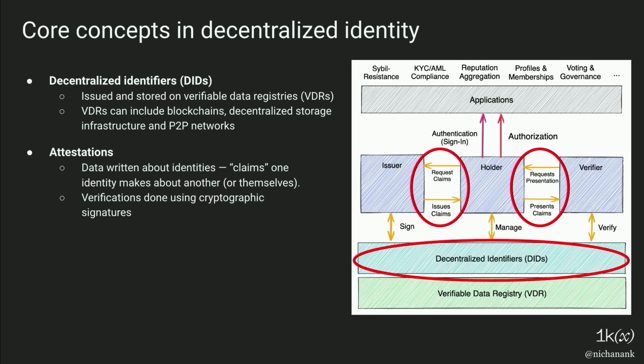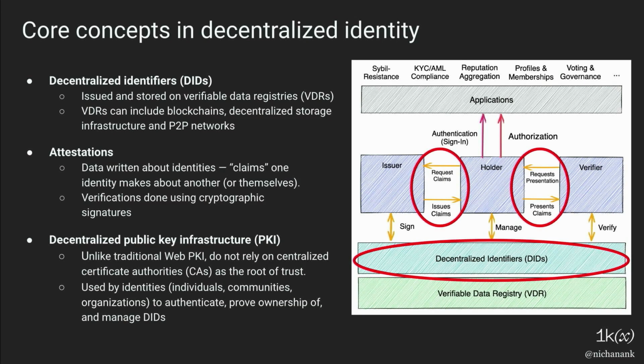So that's the yellow arrows there. And then the technology that puts all of these pieces together is decentralized public key infrastructure. So you hold your keys in your wallet, and it's used by identities, individuals, communities to authenticate, prove ownership of assets, and manage your DIDs.